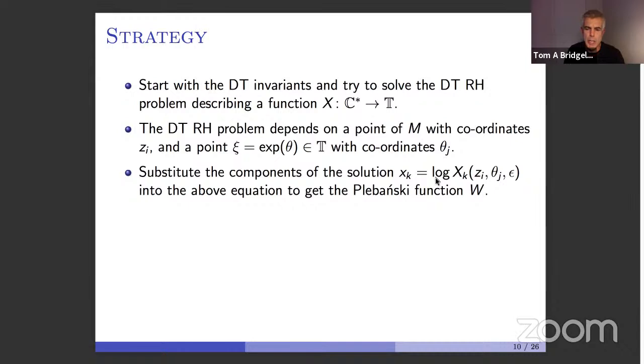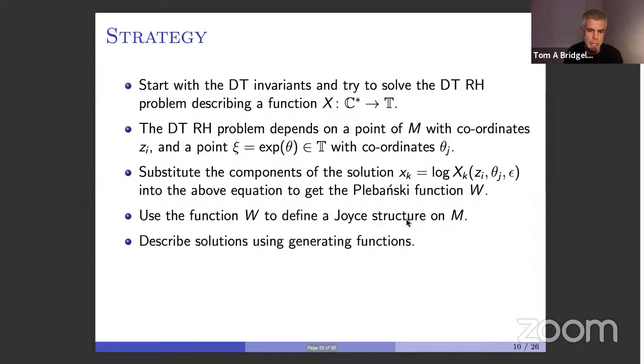Then we substitute the components of this solution into the equation that we're taking the Stokes data of, the equation z over epsilon squared plus f over epsilon. The solution to the Riemann-Hilbert problem is supposed to be a solution to a differential equation. If you plug that back in, you get this function w out, and that's supposed to give you this Joyce function, the Joyce structure.